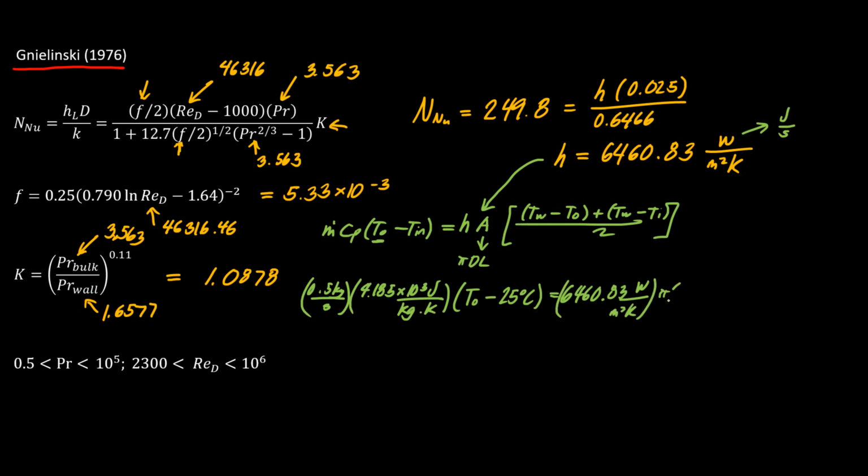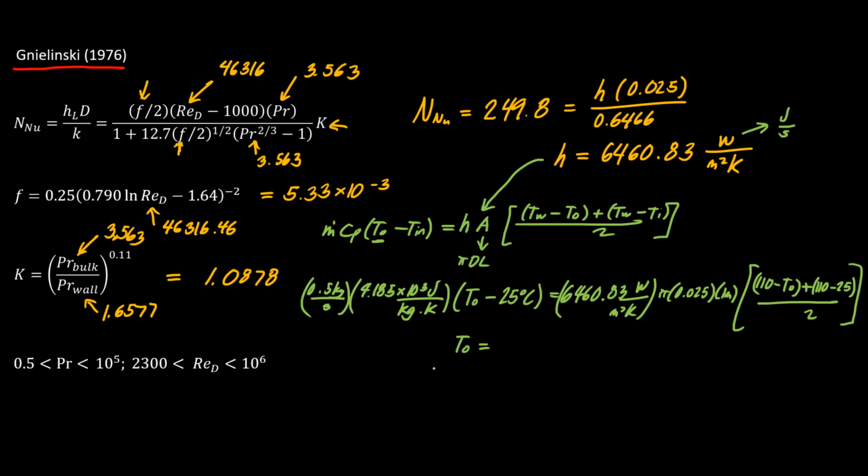And pi D L plus 11025 over 2. Solve for T sub o.